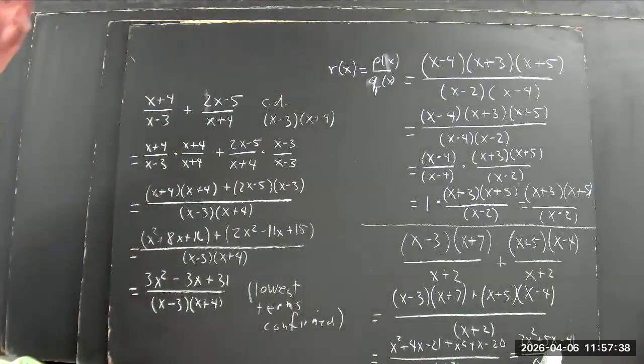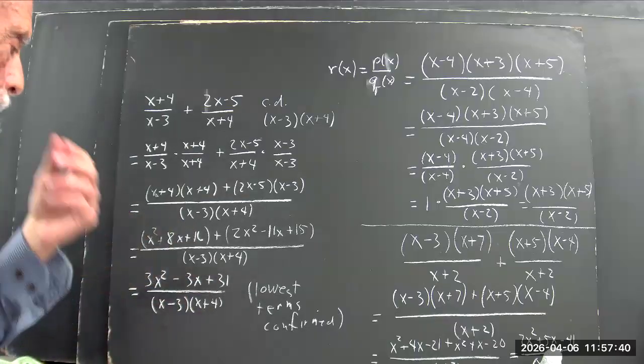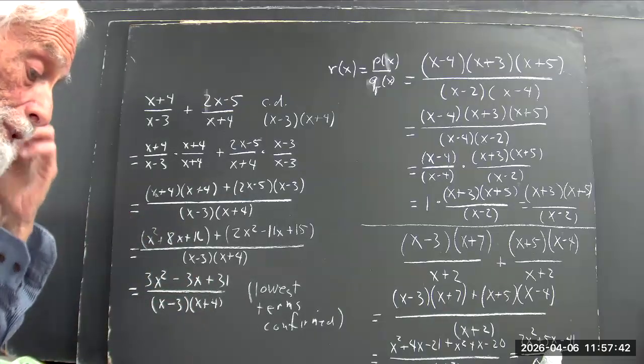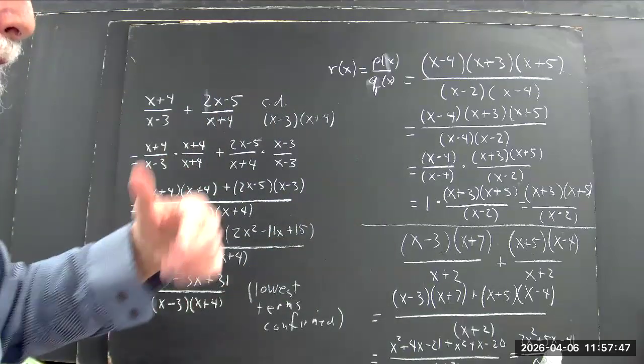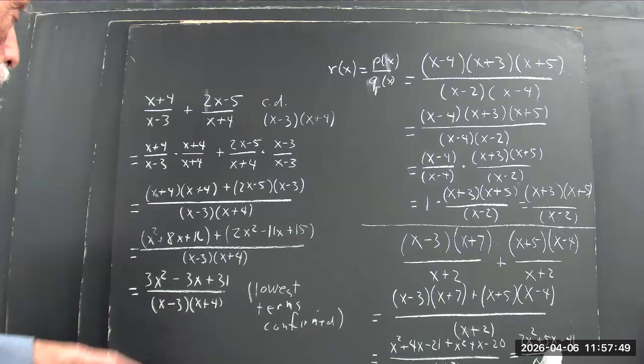Now there's another way we could have told, if you're interested, that the numerator is not going to give us 0. We can check the discriminant, the b squared minus 4ac that we take the square root of in the quadratic formula.